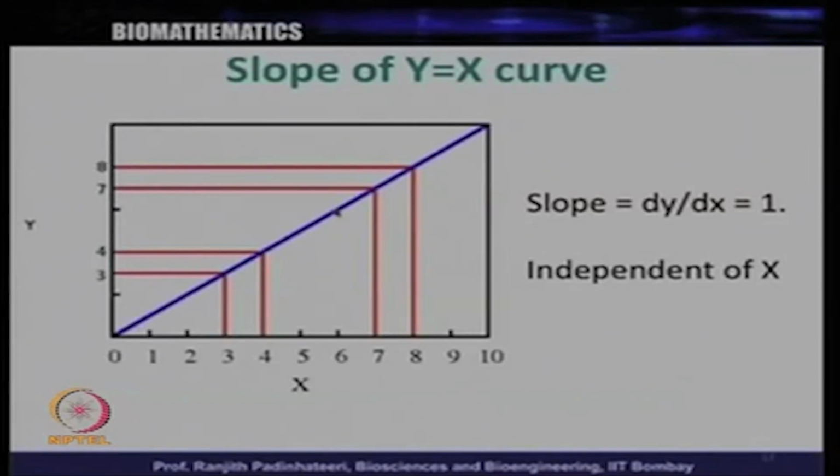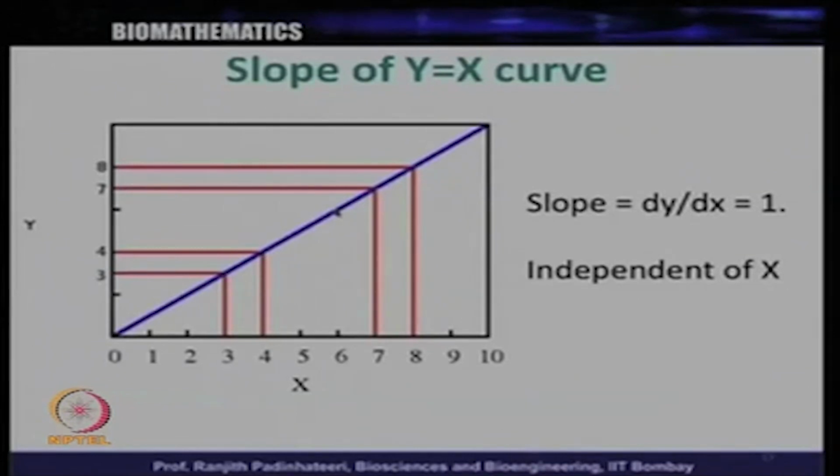Whatever two x values you take, if you take any interval on this curve and calculate the corresponding y interval, you will always get the same, dy by dx is 1, and it is independent of whatever x value you take. So, this is how we calculate the slope.